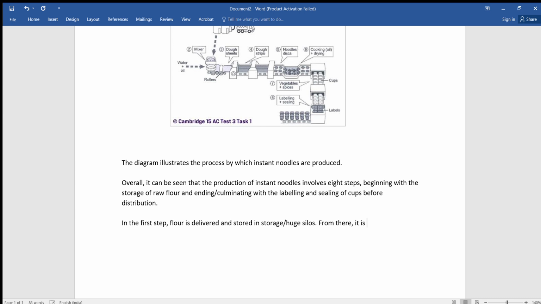From there it is transferred to a mixing machine, where water and oil are added with flour to prepare dough. Sorry, I'm not good at typing actually.